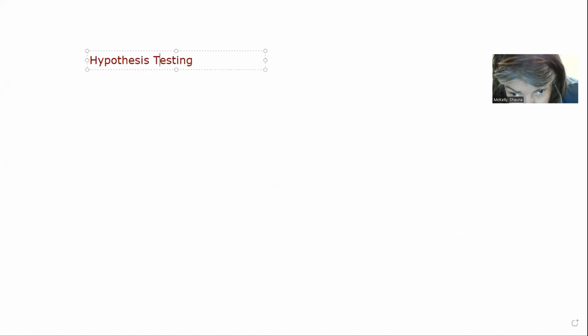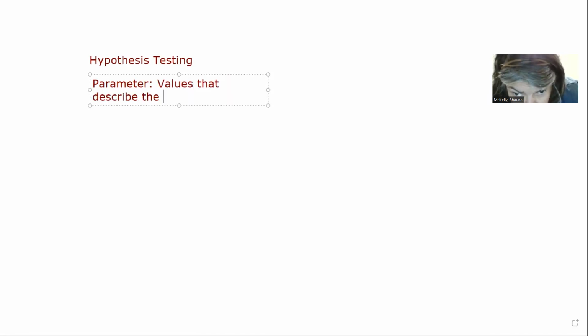That's not going to be the case once we start chapter 9, but right now it is. When we talk about parameters of interest, parameters are values that describe the population. We know that from chapter 1.